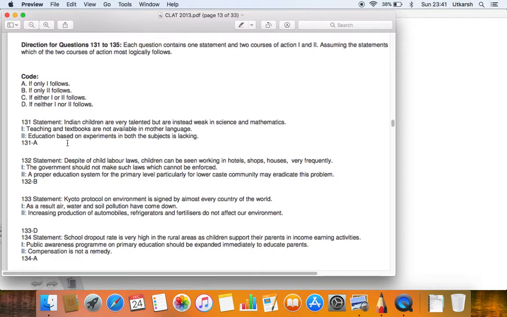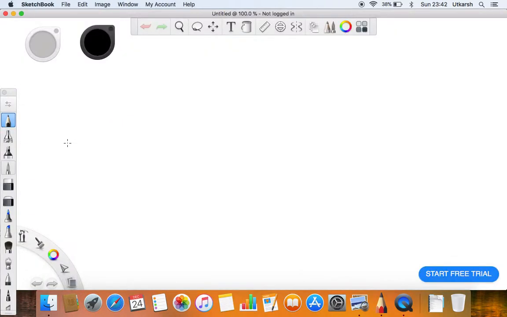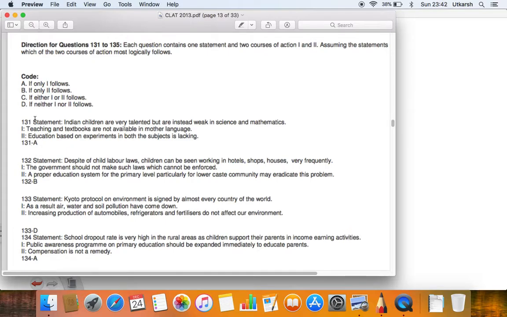Here the codes are: if only one follows, it's A; if only two follow, it's B; if either one or two follows, it's C; and if neither follows, it's D. Statement: Indian children are very talented but are weak in maths and science.